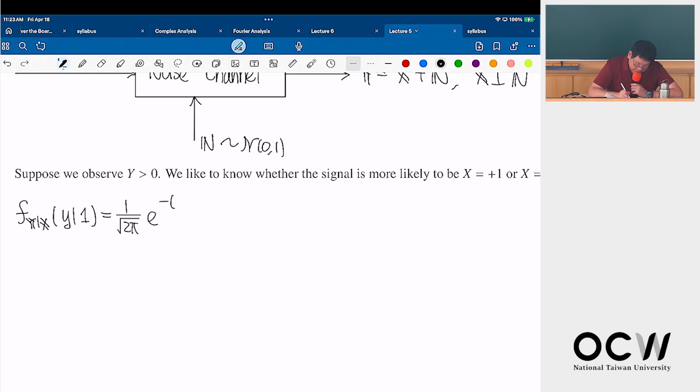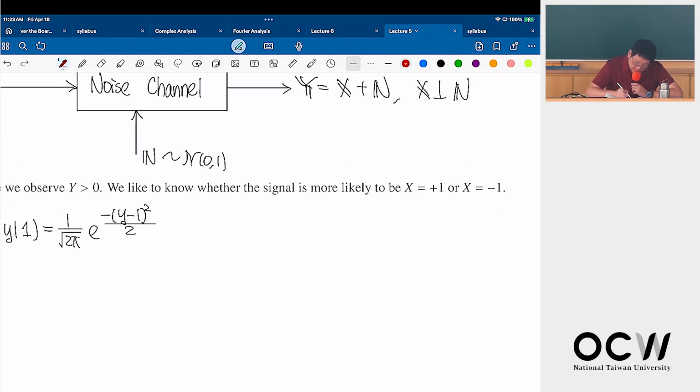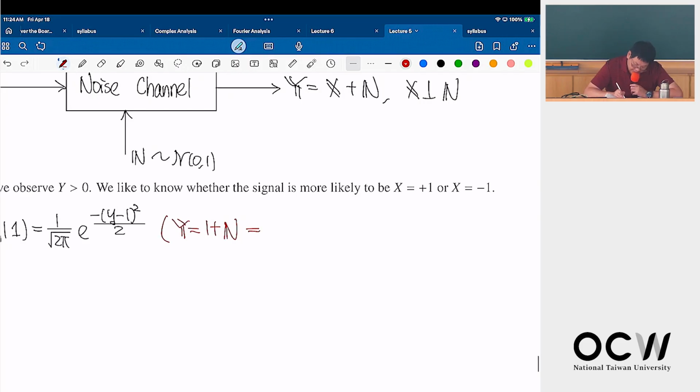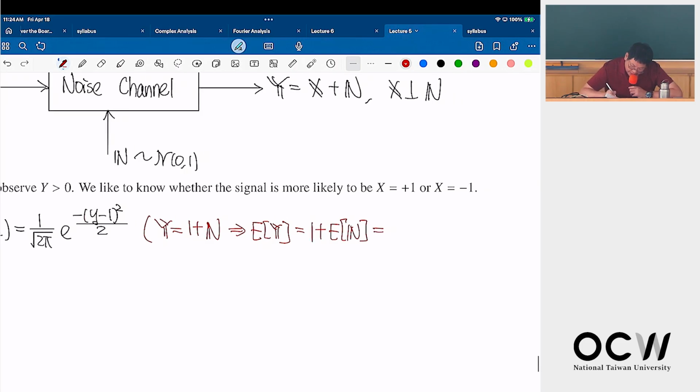The mean is 1 and the variance is still 1, because now y is equal to 1 plus n. So the expectation of y will be 1 plus expectation of n, and we know n is 0 mean. So it is 1.